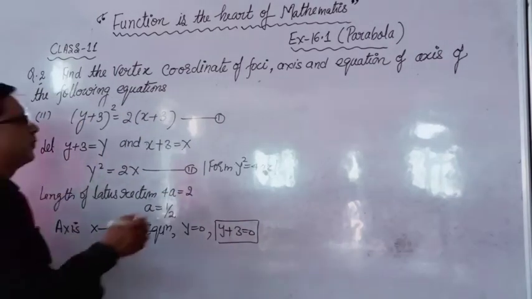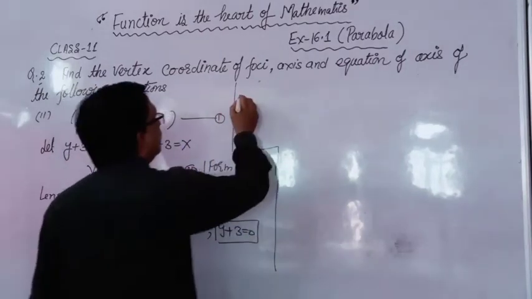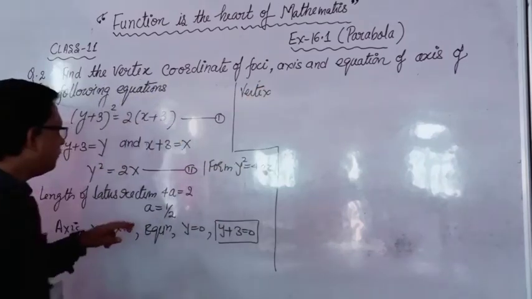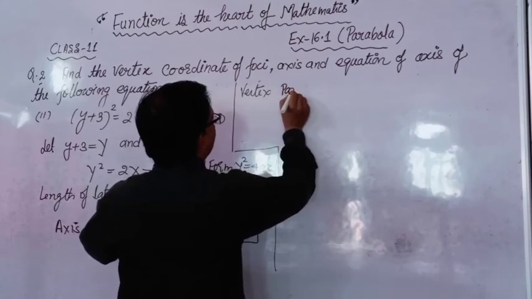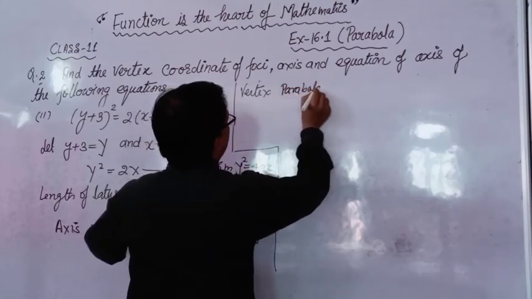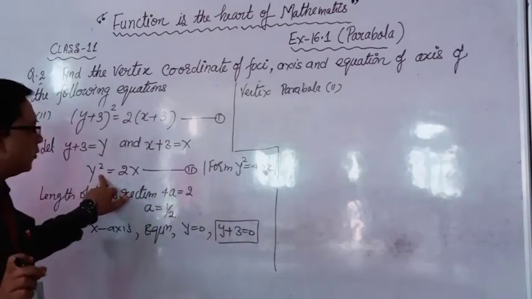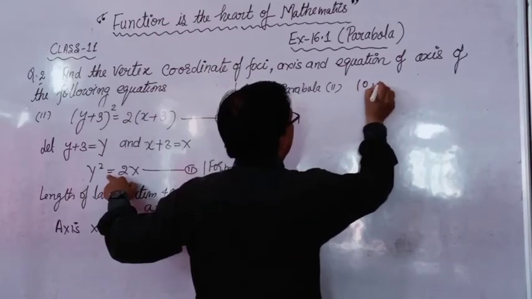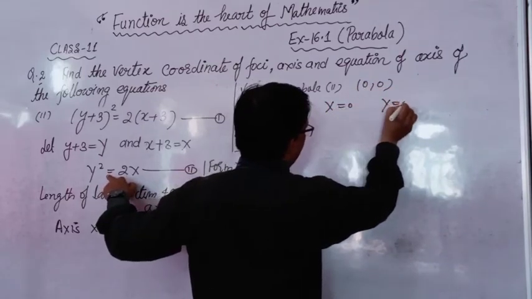Now student, vertex of parabola 2. This is parabola 2. Everyone knows the vertex of this parabola is 0, 0. It means capital X is 0 and capital Y is 0.